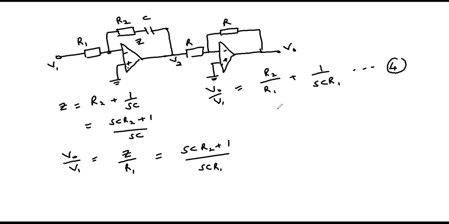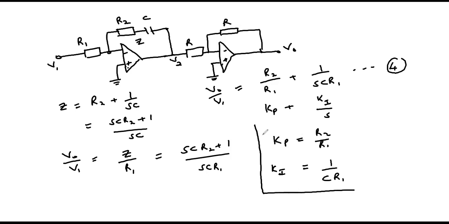If we compare equation 4 and equation 3, where equation 3 was Kp plus Ki over S, you notice then our Kp will be R2 over R1, and Ki will be 1 over C R1. And through this operational amplifier network, we are able to implement the proportional plus integral controller with the proportional gain constant being equal to R2 over R1 and the integral gain constant being equal to 1 over C R1.